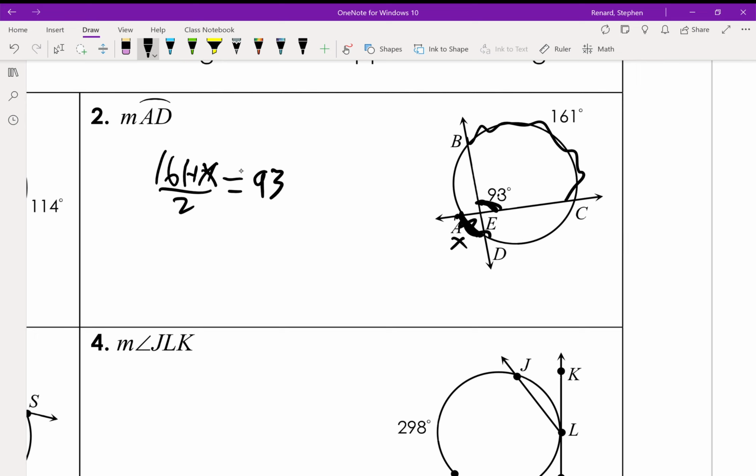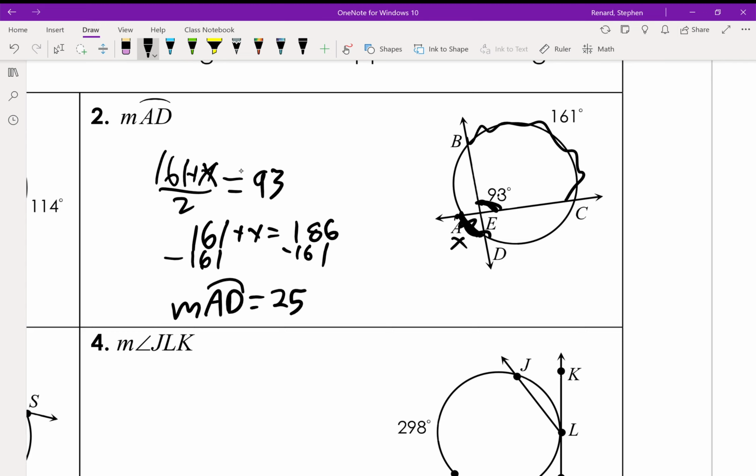So we multiply both sides by 2. That gives us 161 plus x equals 186. We subtract 161 from both sides, and we get the measure of arc AD as 25 degrees.